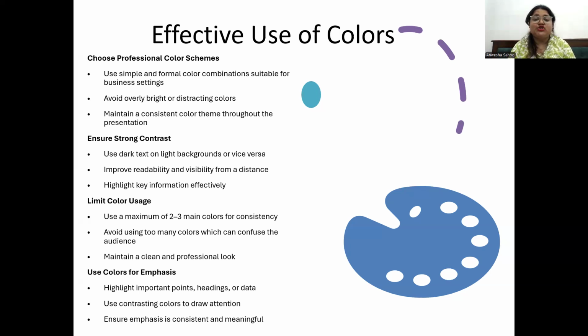So ensure strong contrast. Use dark text on light backgrounds or vice versa. You have to contrast your PPT slides. Improve readability and visibility from a distance. Highlight key information effectively. Limit color usage. Use a maximum of 2 to 3 main colors for consistency.